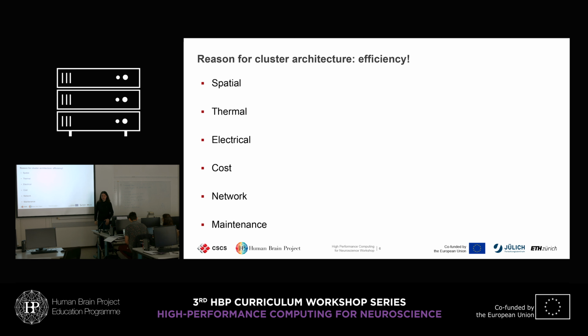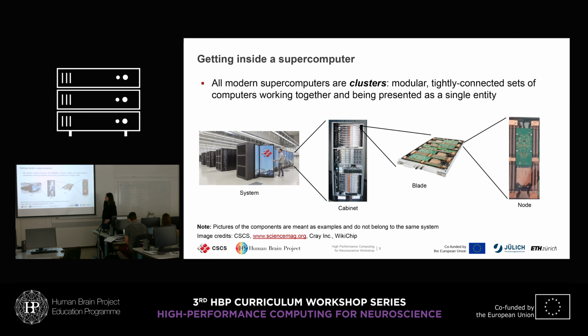Network efficiency. Since the nodes are packed together better, there is less distance to travel through a network. So the communication happens faster, and it's also easier to connect them. And then maintenance. This is a modular architecture.